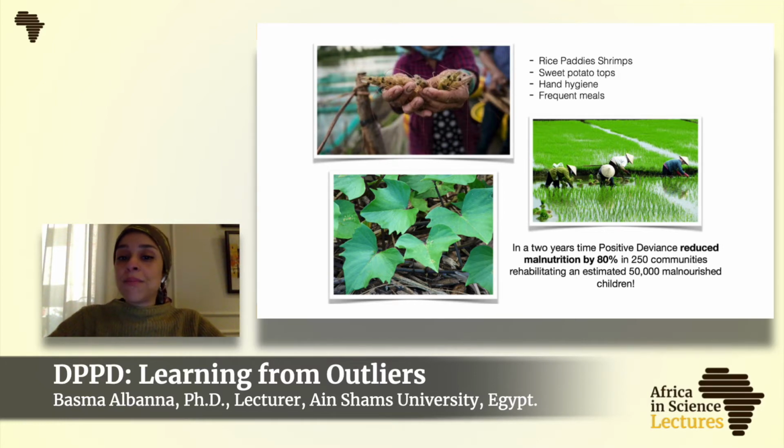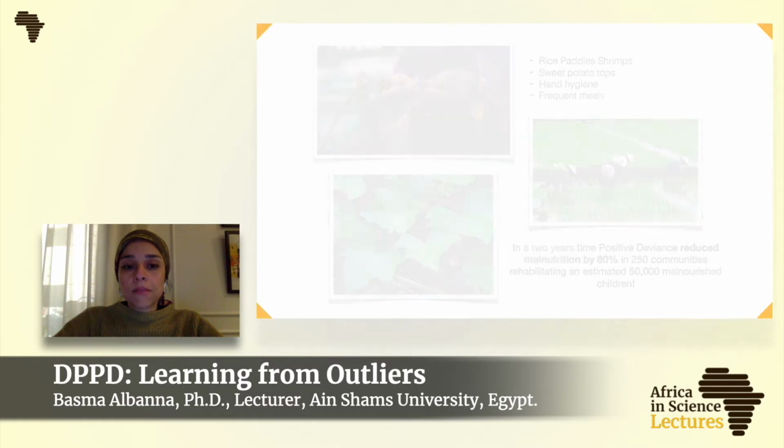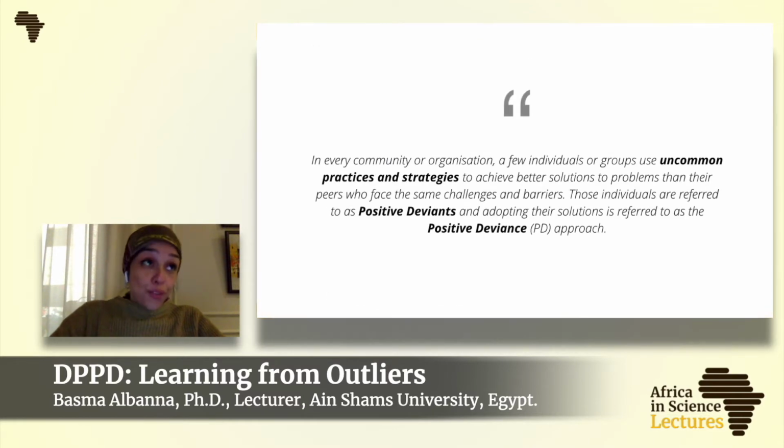Sternin and his team then scaled out those simple, affordable, and community-inspired practices, and within 2 years, this had reduced malnutrition by 80% in 250 communities, rehabilitating an estimated 50,000 malnourished children. The approach that Sternin used and operationalized later on is called the positive deviance approach.